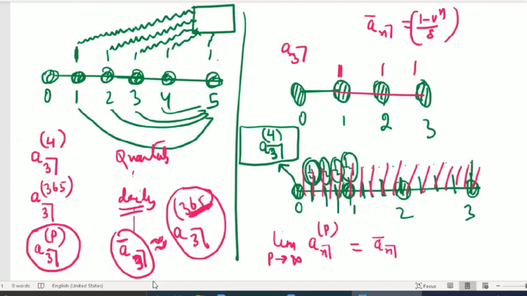Here, you are giving 1 by 365 every day. Then if you make it every hour, second, the amounts will be less. The total amount should be 1 in a year. That's all. So the new formula is AN bar. This formula only you are supposed to use. This is for logical understanding, but this is the only formula you have to use.